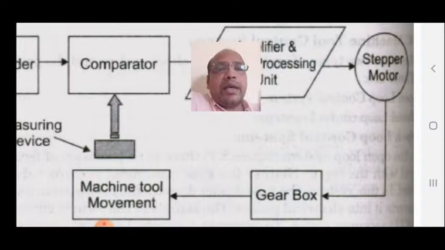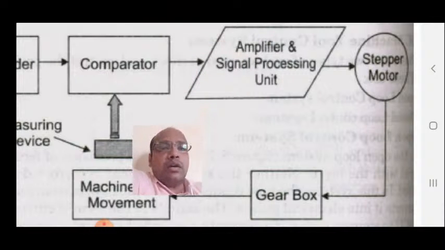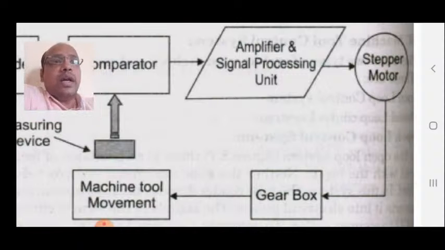The comparator compares this 5 mm and 4.9 mm, and once again gives an instruction to the amplifier and signal processing unit. It moves the stepper motor and operates the gearbox, so that there will be a movement of the machine tool by 0.1 mm.